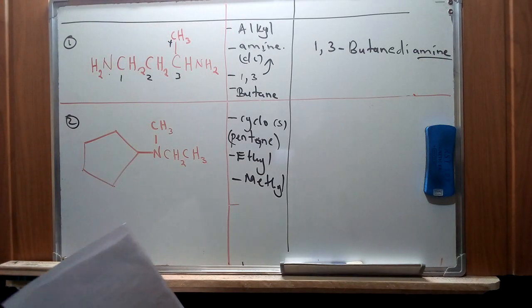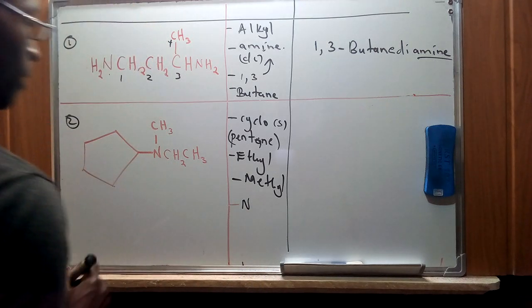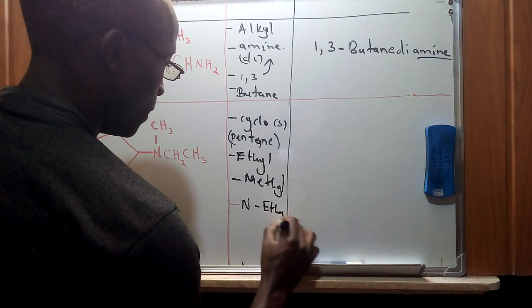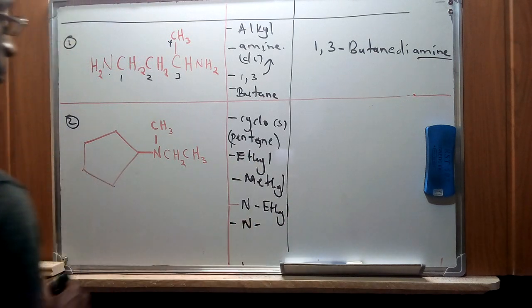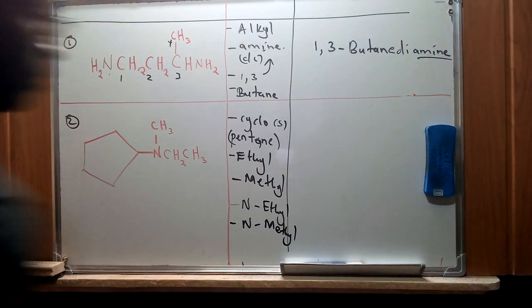So there's a first N substitution for the ethyl group, which we have mentioned, and there's another N substitution for the methyl group, which have substituted hydrogen in those two scenarios.